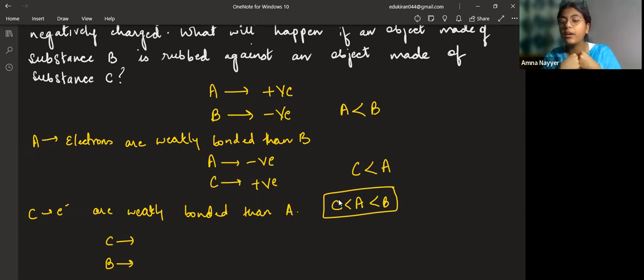So which will allow the electrons to escape, C or B? Look at this, class. In B, electrons are tightly held. In C, electrons are loosely held. So from where will electrons move? Will B allow electrons to move or will C allow? C will allow.